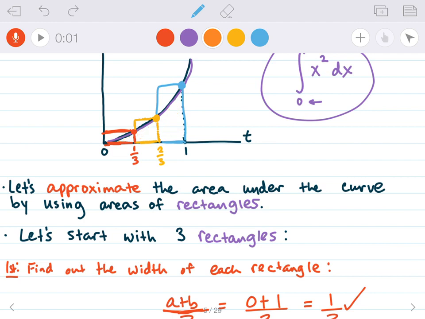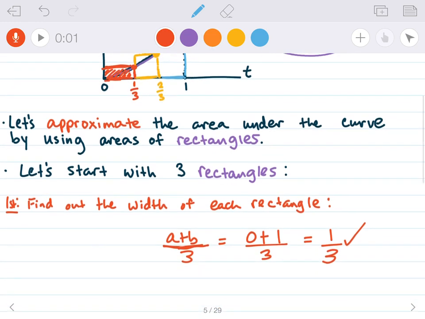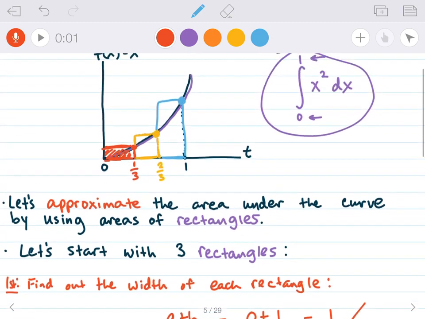So how do I find the area of the first rectangle? That red guy. Well, remember the area of a rectangle is base times height, right? Each of these rectangles we found to have a width of a third. So we have width times the height. Well, what's the height going to be?